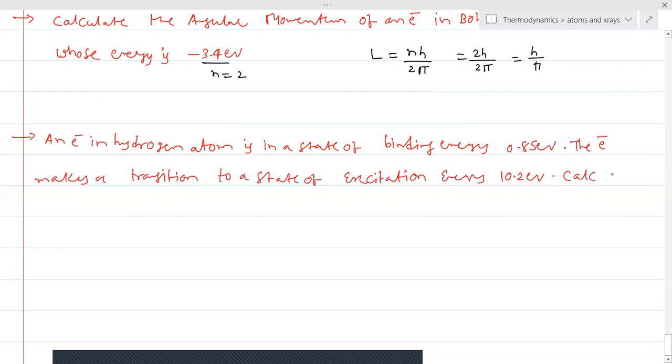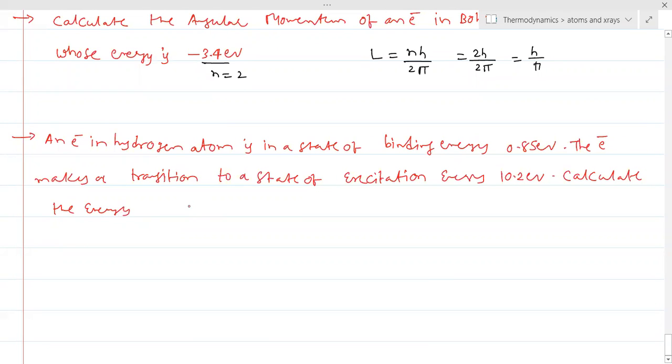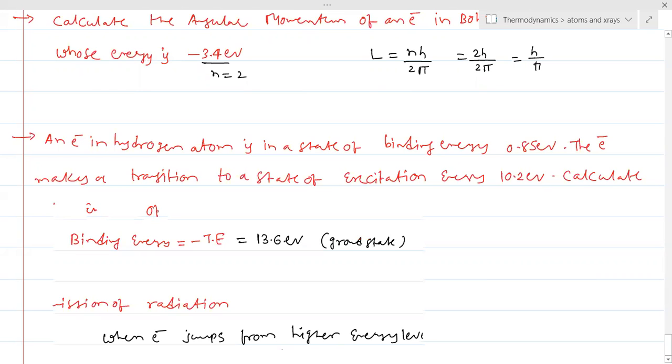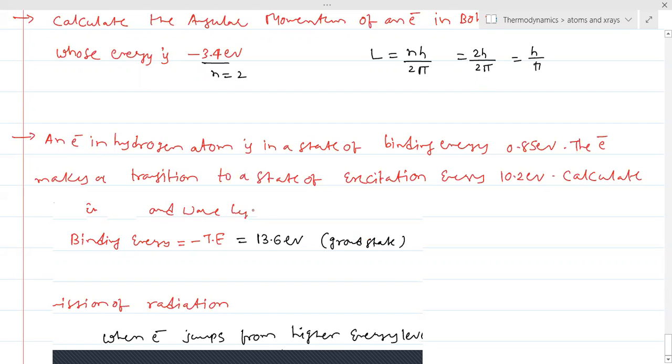Calculate the energy and wavelength of the photon.